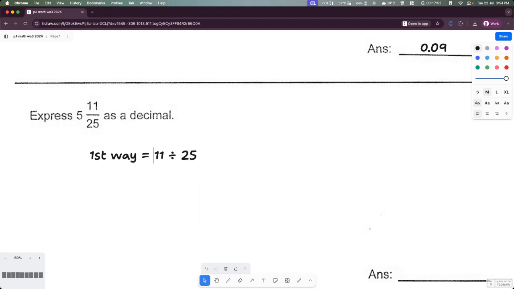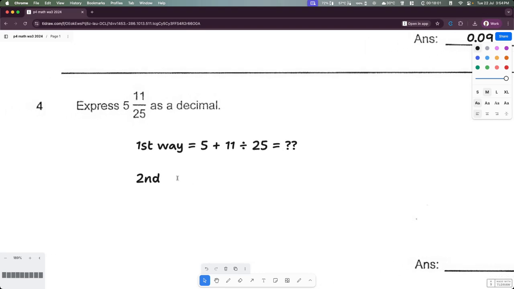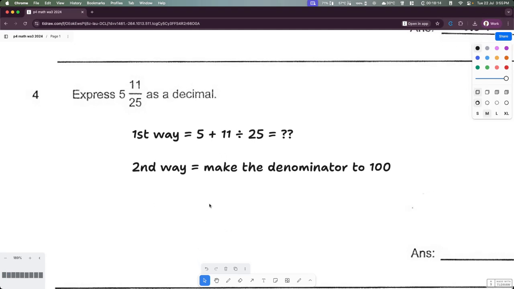So in a way, this will be 5 plus 11 divided by 25 and you get the answer, right? Or the second way, which is the easier one, is to make the denominator 100.